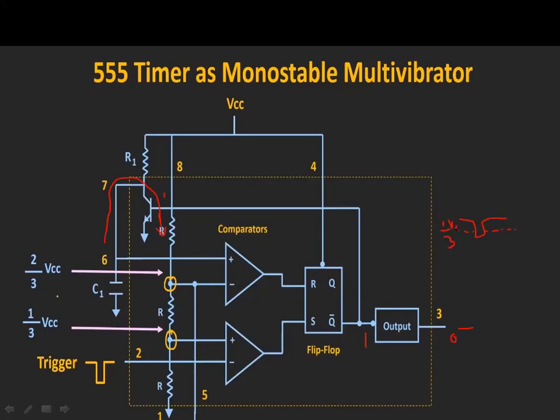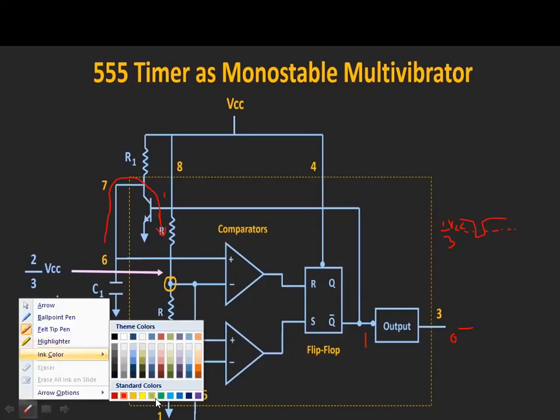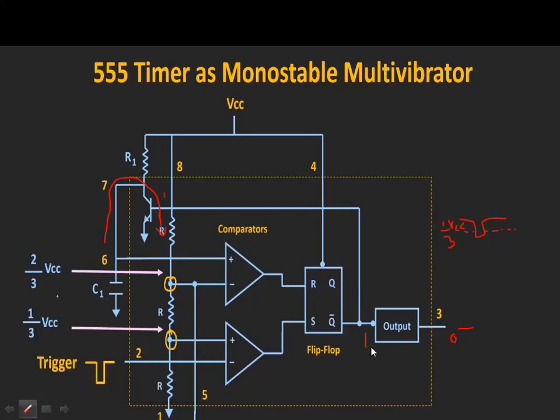So whenever I have applied a trigger signal, the output of this comparator is going to 1 state, and the output of this comparator goes to 1.